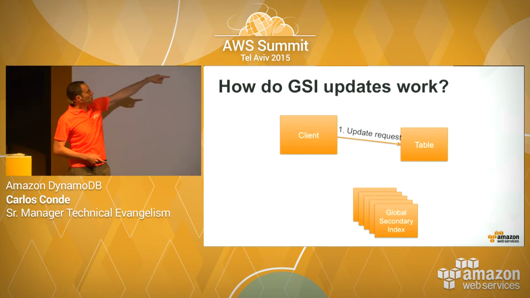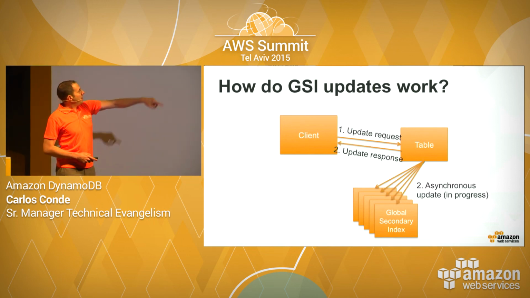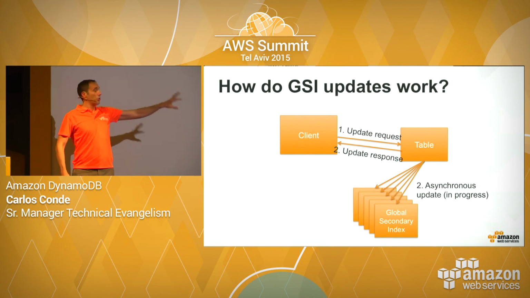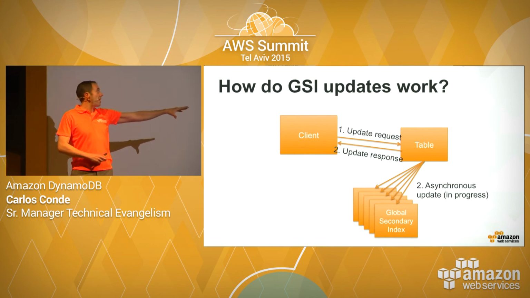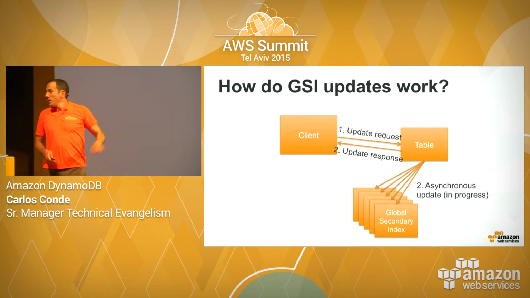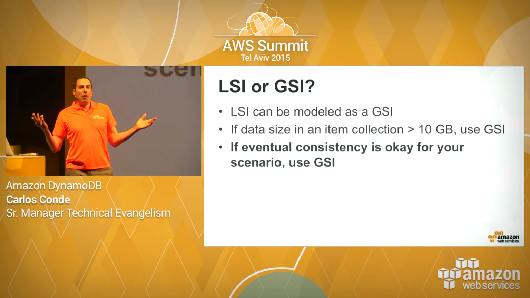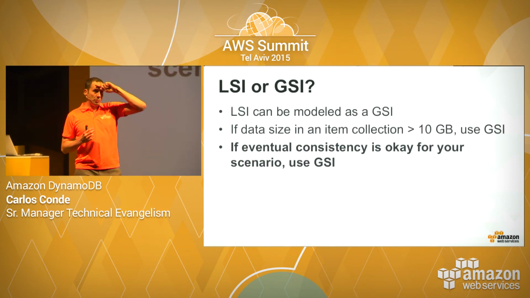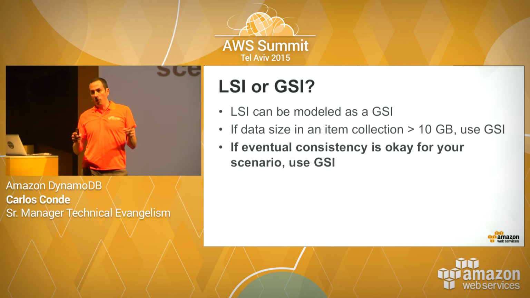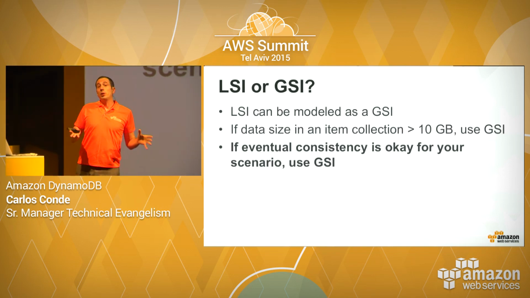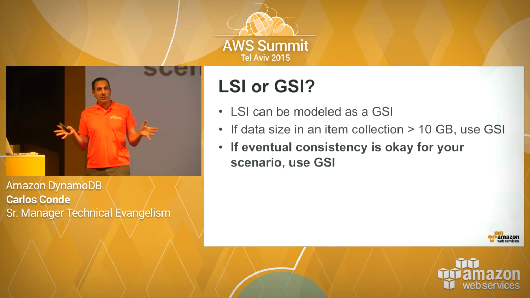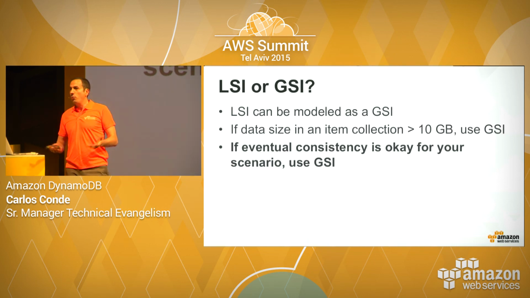Your client writes to a table, and then you get the response, but at the same time, behind the scenes, asynchronously, we're going to project the attributes and the data that the client changed. So now you see another main difference between local secondary indexes and global ones. By default, I recommend you use the global secondary indexes because you can create them at any time. They are way more flexible.